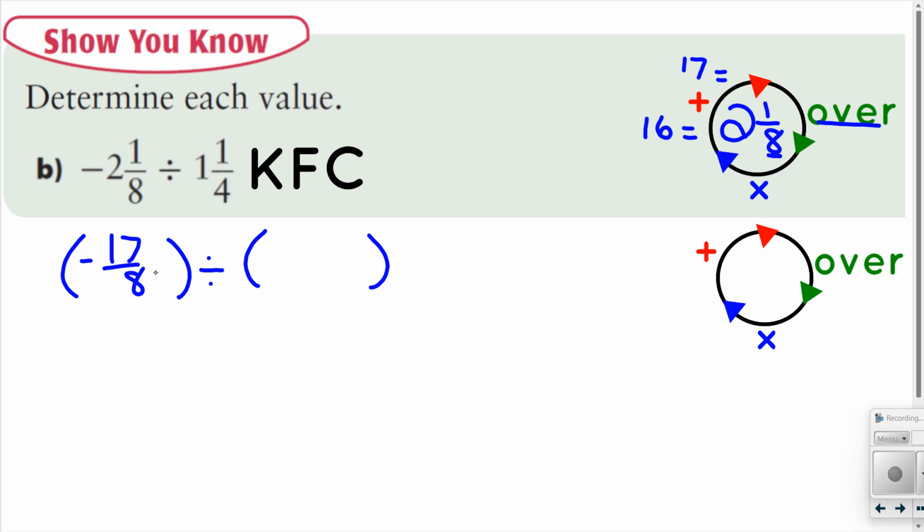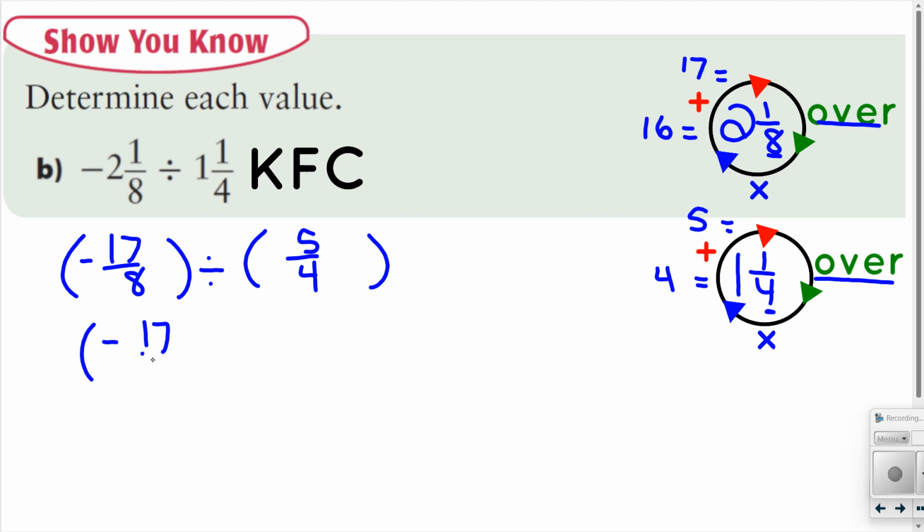Okay, now let's do the next one, 1 1/4. So starting at the denominator, I do 4 times 1 is 4, and then add that to the numerator. 4 plus 1 is 5, and place 5 over 4. Okay, let's use KFC now.